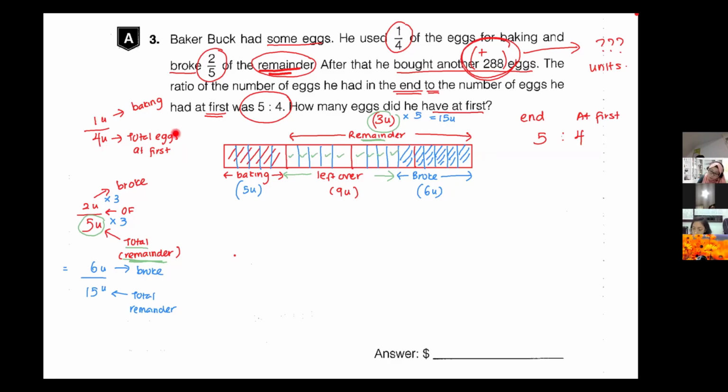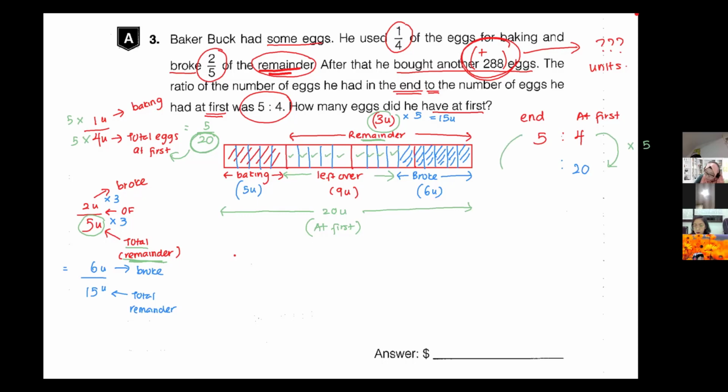And I cut up each part into 5 equal parts, so it's 5 over 20. Which means 20 is my total at first. If you count the whole thing here, it's 20 units. 20 units is what he has at first, because this whole model is what he has at first.